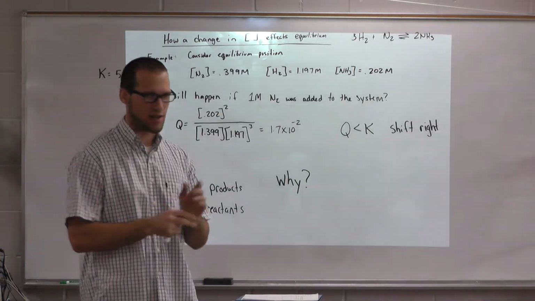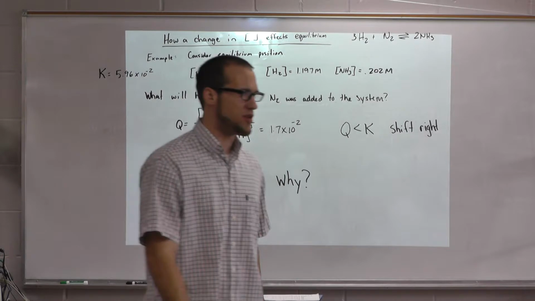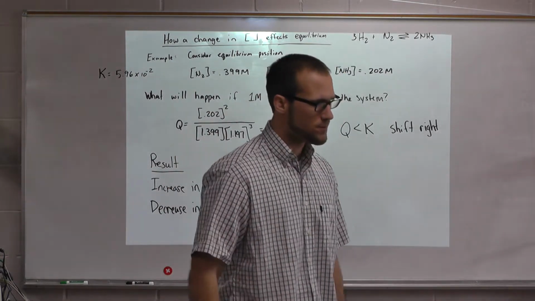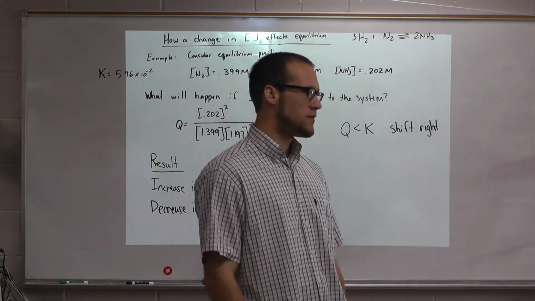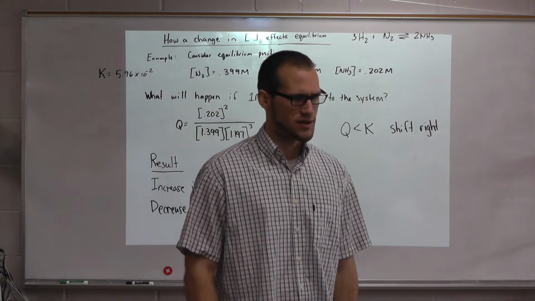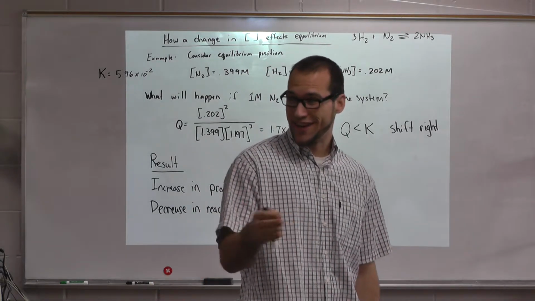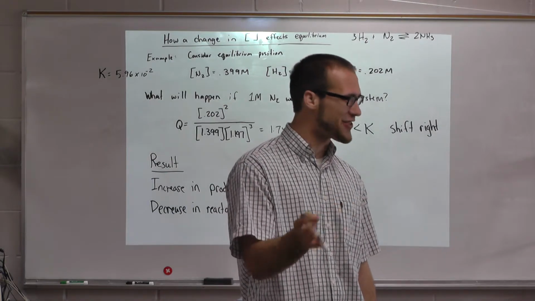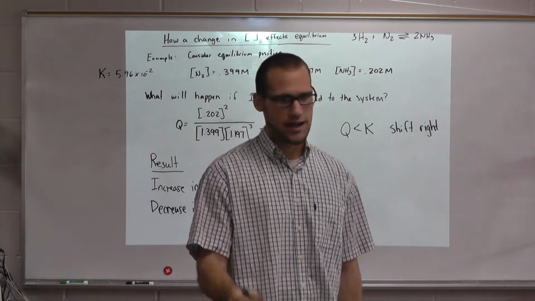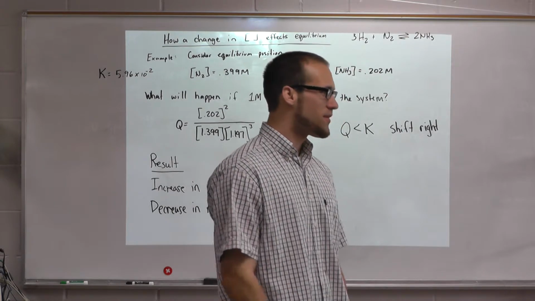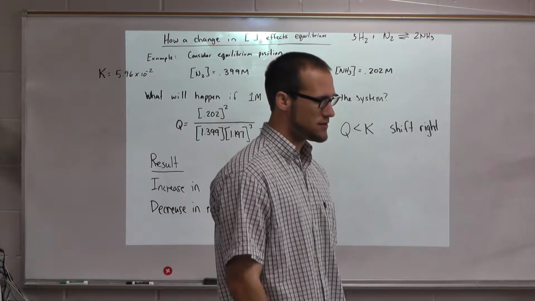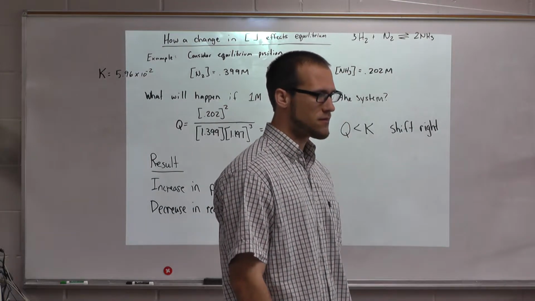Why did all of a sudden we produce more products when originally our rates were equal? Because we added more. Okay, what is adding a reactant going to do? Think about, we're kind of going back to last chapter. I know we struggled going back a chapter or two. We just saw that today. But if we go back a chapter, we talked about rates. It speeds up what?